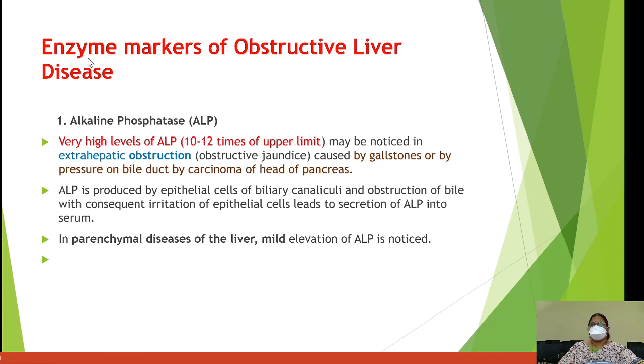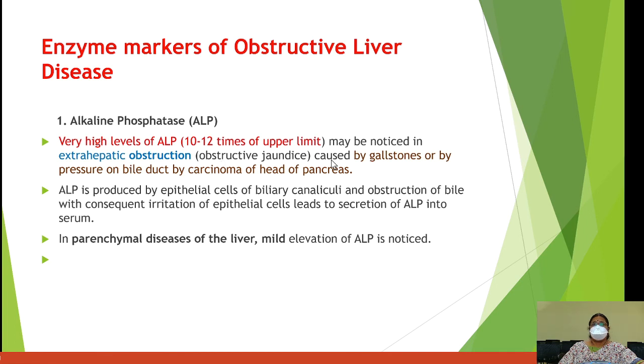Next, about the enzyme markers of obstructive liver disease. The first one is alkaline phosphatase. The normal value of alkaline phosphatase is 56 to 119 units per liter, and very high levels of alkaline phosphatase, about 10 to 12 times the upper limit of normal, may be seen in extrahepatic obstruction.